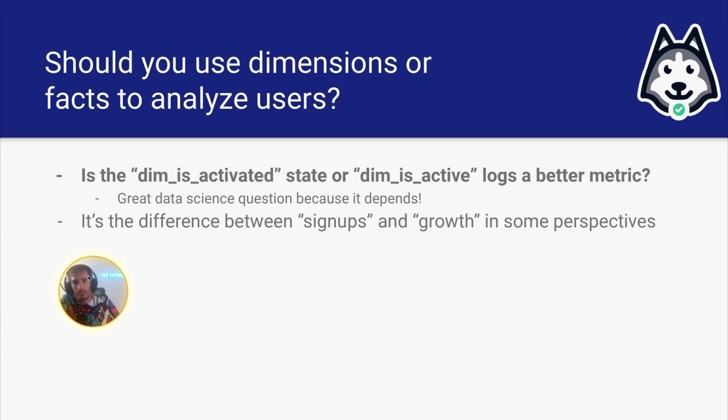But activated also matters, and a lot of times you might use both together. Imagine active users divided by activated users, so you can see the percent of users who signed up who are active. That's a beautiful analysis, right? That's another metric that could be very powerful.